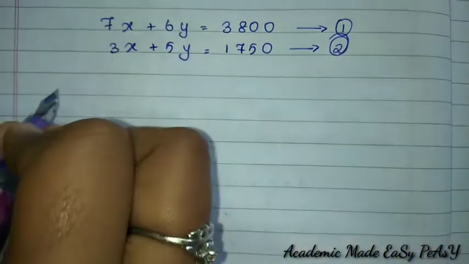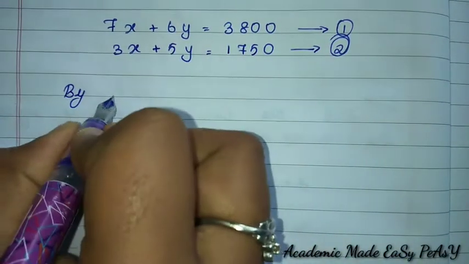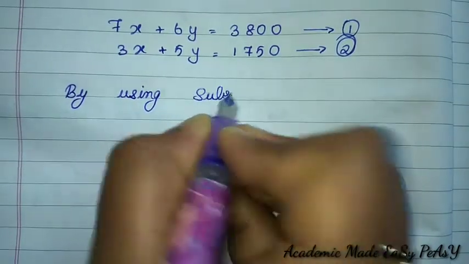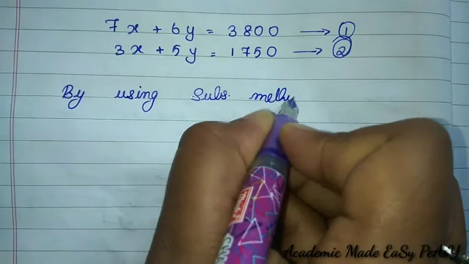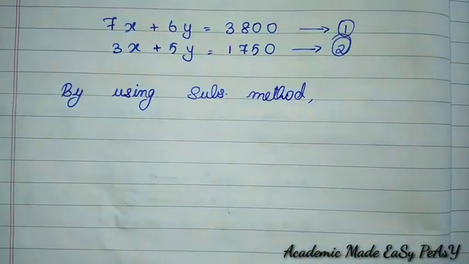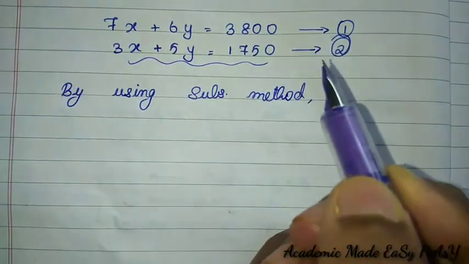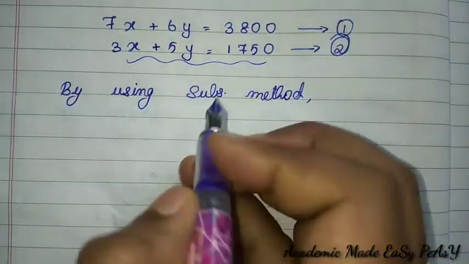So now using the substitution method, we will be taking any one of the equations. Since this equation is small, that is easy for us. Let us take this one.